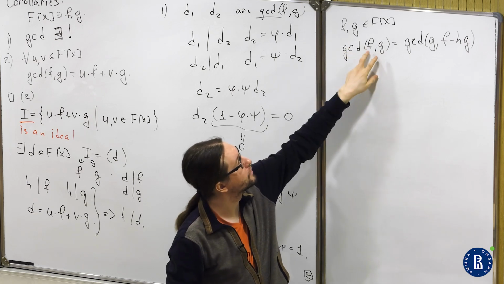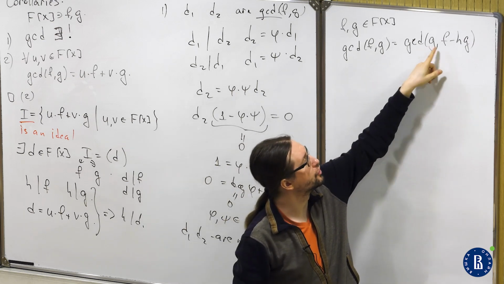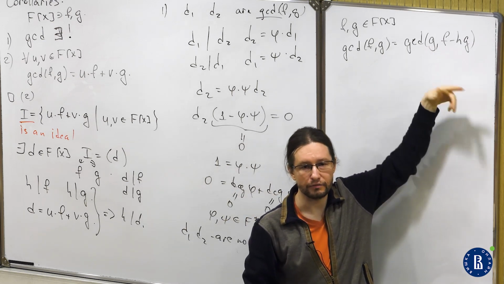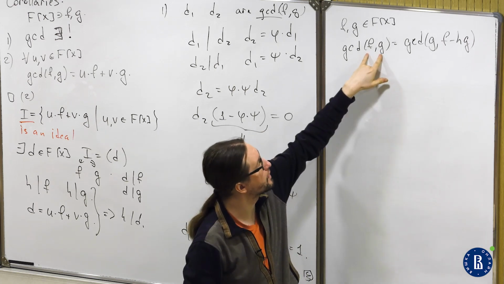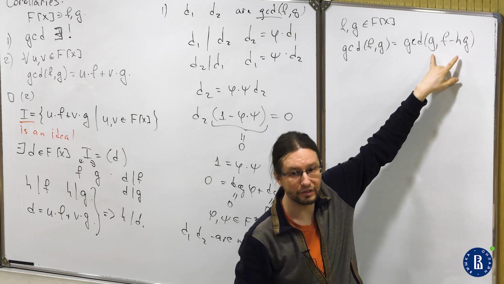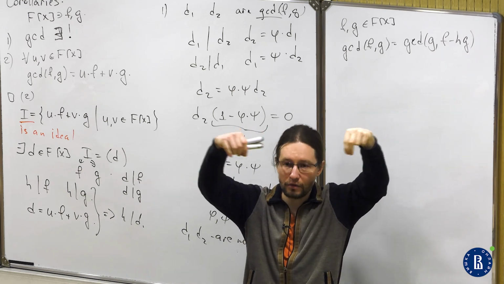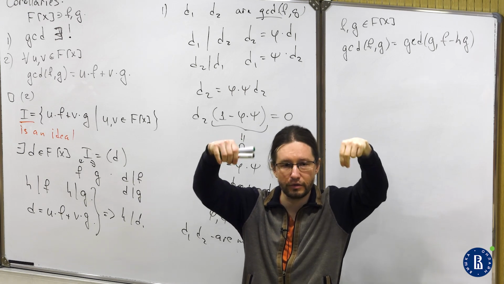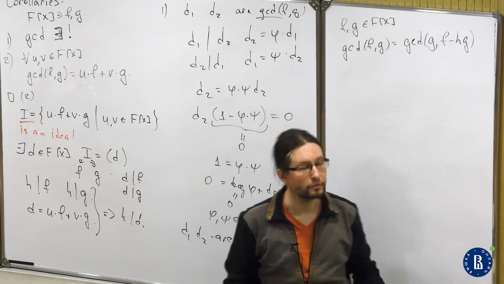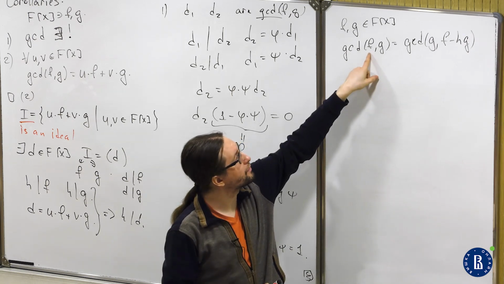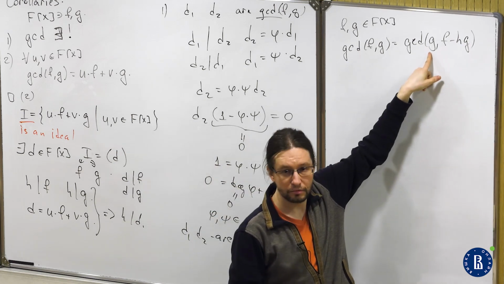We should show that every divisor of f and g divides g and f minus hg, and vice versa. If the set of all the divisors for this pair is the same as the set of all divisors for this pair, then the greatest divisors are also the same, because they're just on the top of this set of divisors.